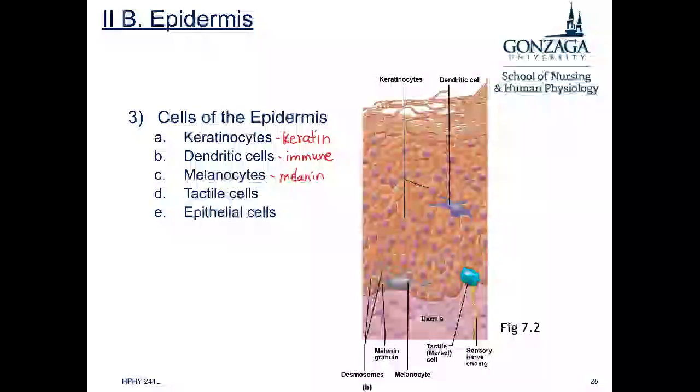The next type of cell are tactile cells. Okay, and so these are important for touch. There are nerve cells here embedded within the skin, and they provide some feedback for us on touch sensation. But of course, by and large, the most abundant type of cells found within the epidermis are epithelial cells.